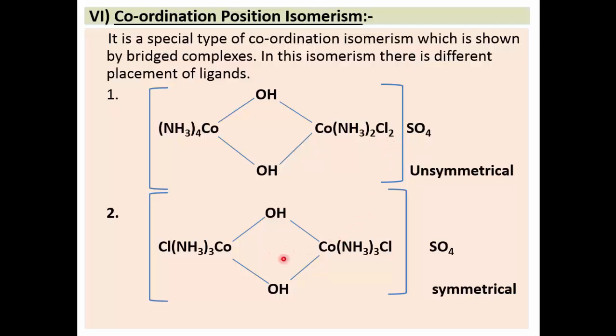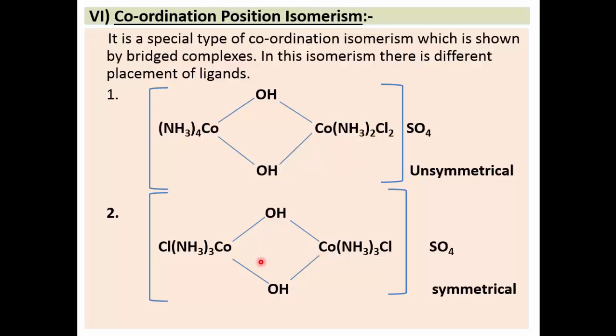Okay. See its isomer. Here again 2 cobalt ions are present. No doubt, 2 cobalt ions. 2 hydroxyl ions act as bridging atoms. Okay. No problem. But see here. Now to this cobalt ion 3 ammonia molecules and 1 chloride ion are attached. On this side also 3 ammonia molecules and 1 chloride ion are attached to the cobalt.